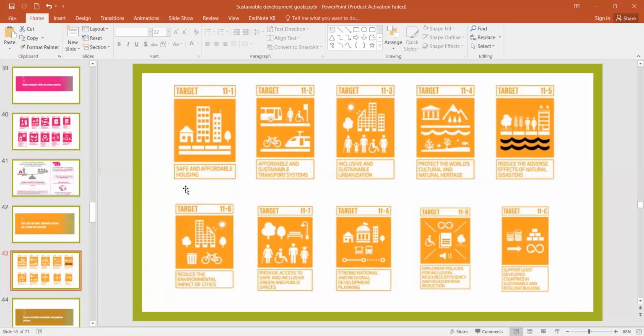Safe and affordable housing, affordable and sustainable transport systems, inclusive and sustainable urbanization, protect the world's cultural and natural heritage, reduce the adverse effects of natural disasters, reduce the environmental impact of cities, provide access to safe and inclusive green and public spaces, strong national and regional development planning, implement policies for inclusion, resource efficiency, and disaster risk reduction, and support least developed countries in sustainable and decent buildings.